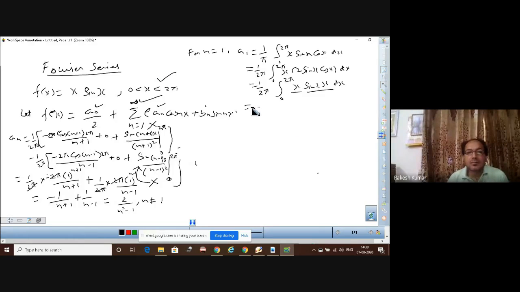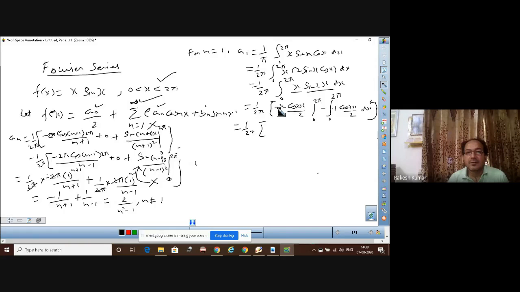This comes out to be 1 upon 2 pi. First function x as it is, integration of sin 2x is minus cos 2x upon 2. The limits are 0 to 2 pi. The derivative of x is 1 within the limits 0 to 2 pi, and the integration of sin 2x, minus cos 2x upon 2. Now you just substitute the limits.